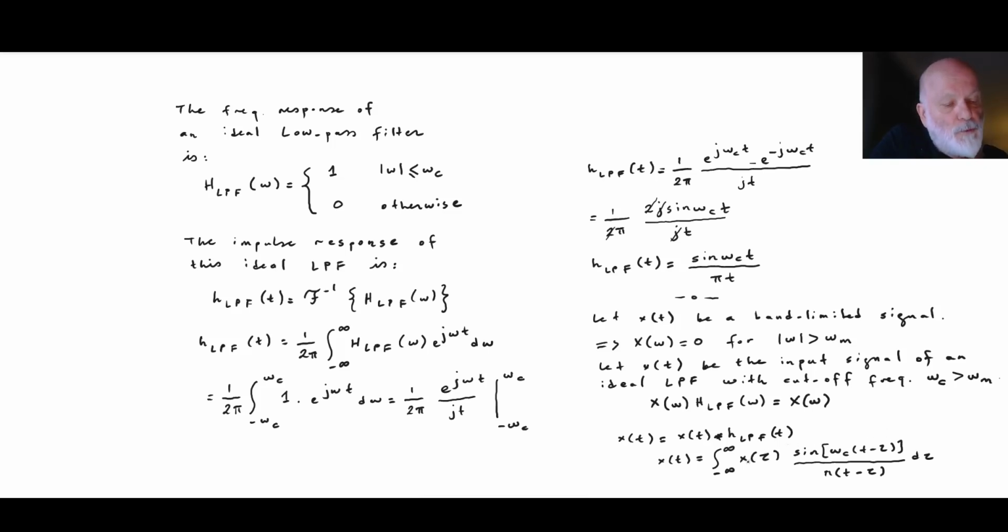We have the convolution of x of t with the impulse response, and this integral representation is the representation of a band limited signal. Of course, such a representation is not valid for signals which are not band limited. So this representation is only valid for band limited signals.